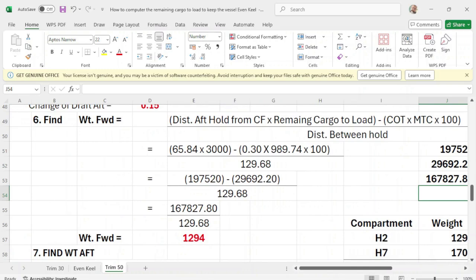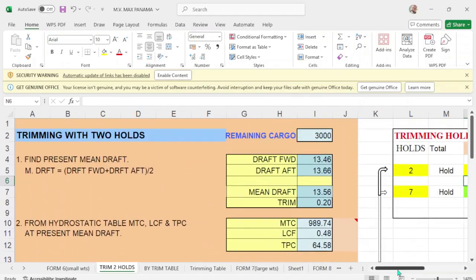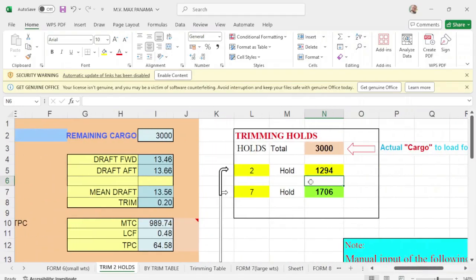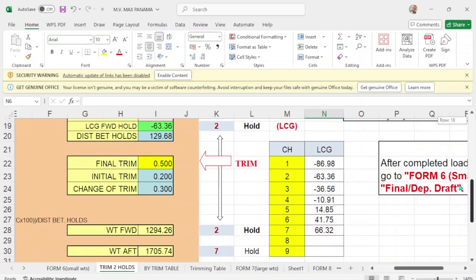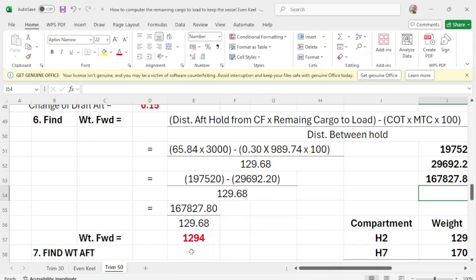12.94, and your cargo to hold in number 2 is 1294, okay, which is the same as your Excel.